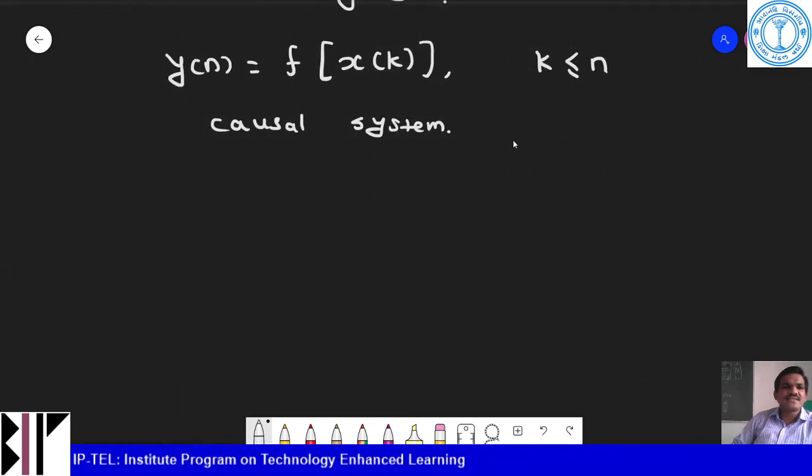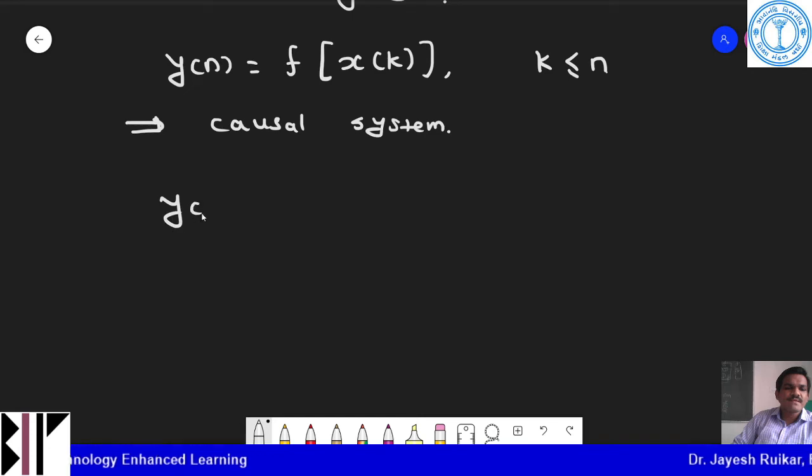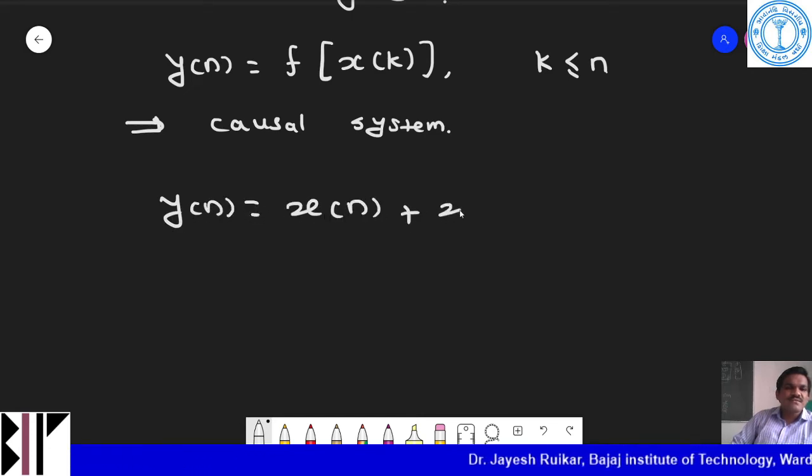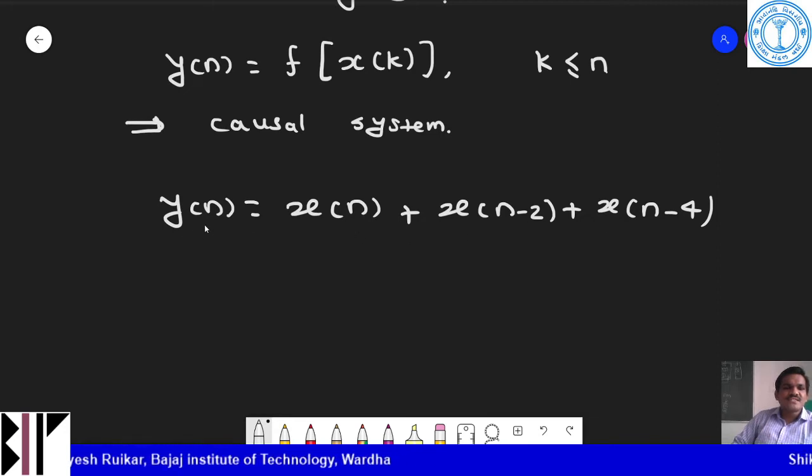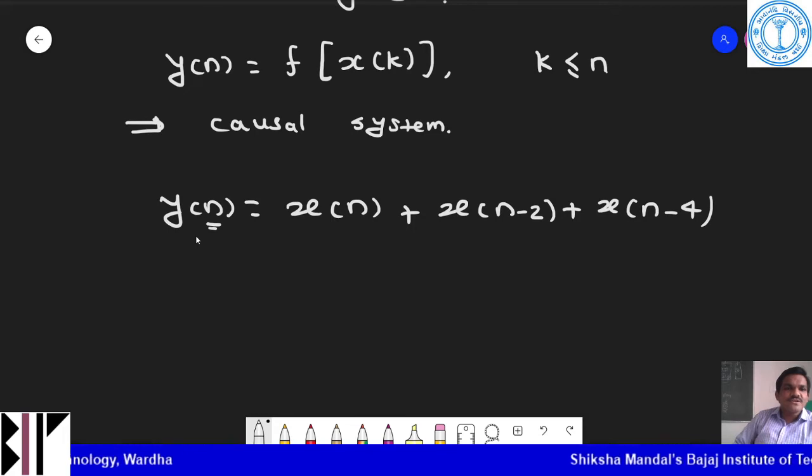Let us take another example so that you will understand. y of n equals x of n plus x of n minus 2 plus x of n minus 4. At n we require to get the output.